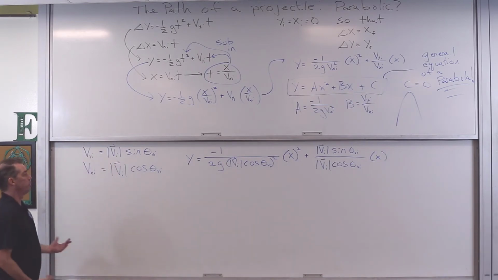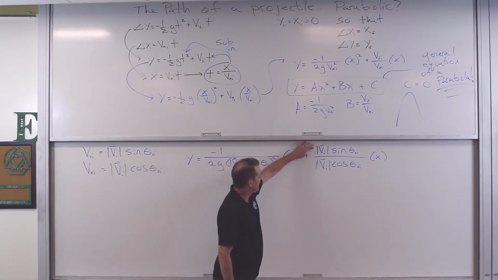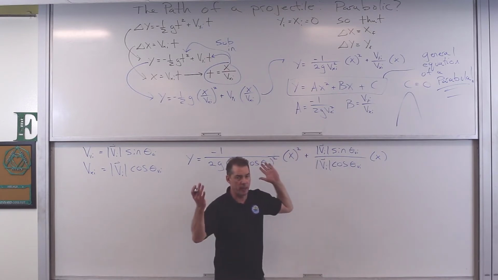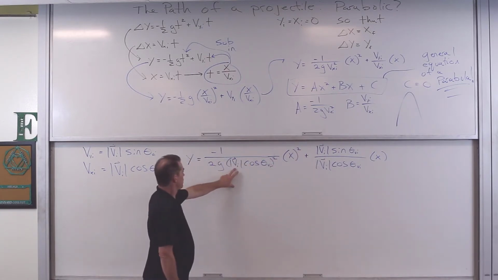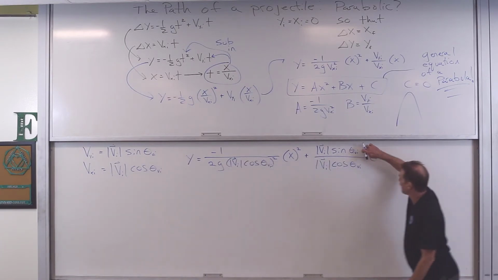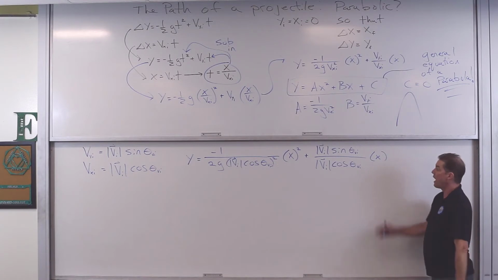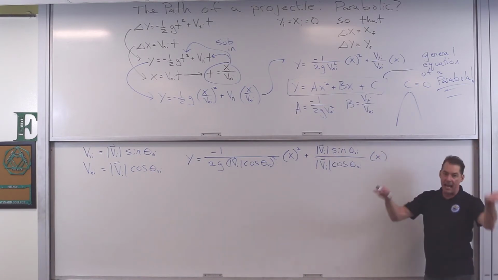We may say, ooh, she just made things look a lot uglier all of a sudden. But there are some nice things with this. One thing is that this V initial divided by V initial goes away. This is just squared, this is squared, and we've also got that sine divided by cosine. Trig identity, right? The sine of theta divided by the cosine of that same theta is the tangent of theta.